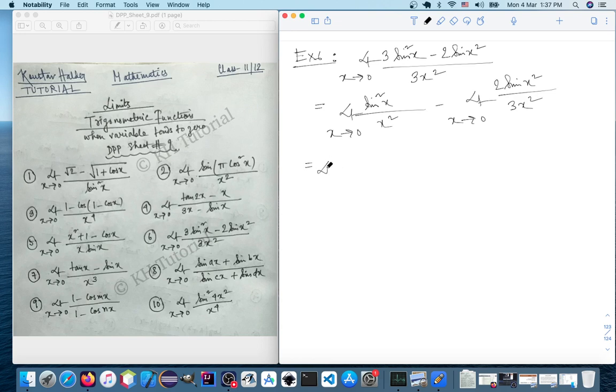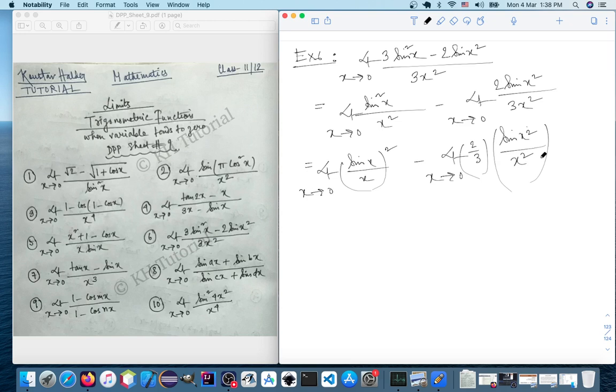This is limit sin x by x whole square, and this is limit 2 by 3, with sin x square and x square.